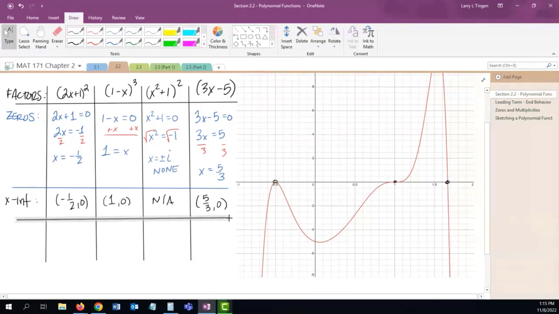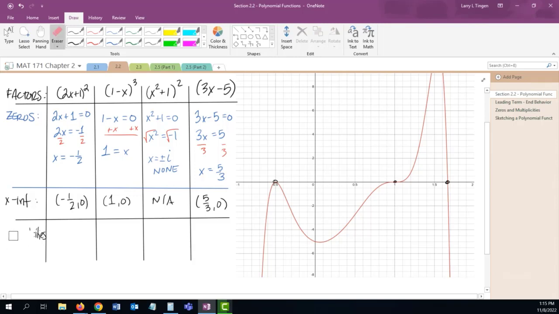Okay. Now, what about the powers? Okay, Andrew already alluded to this. Something called multiplicities.